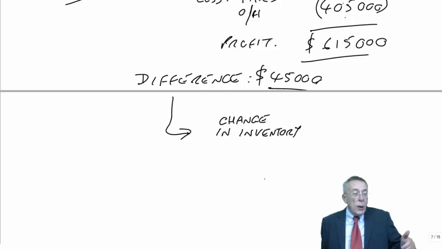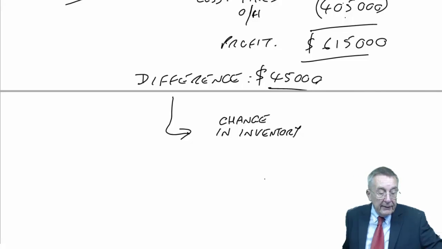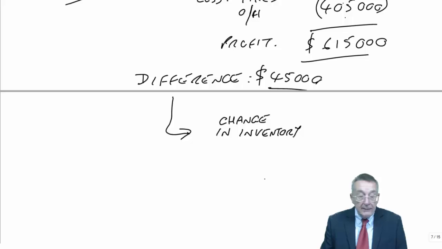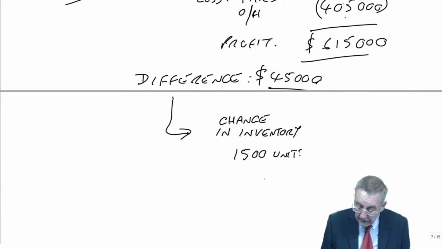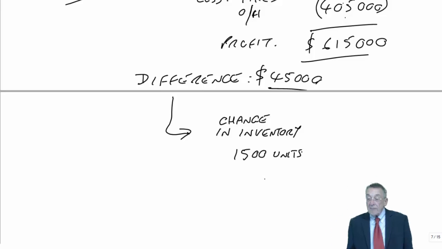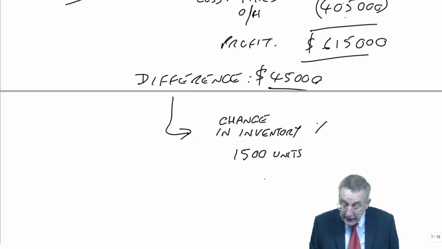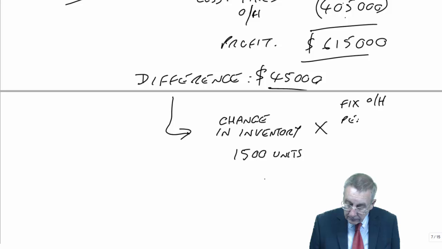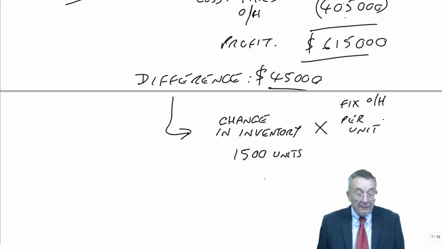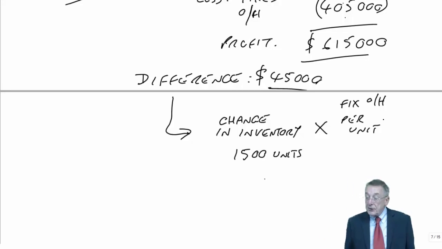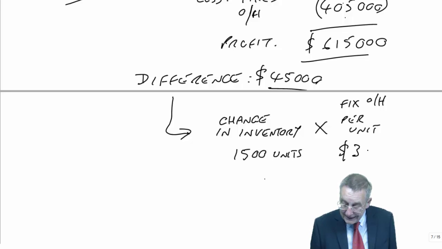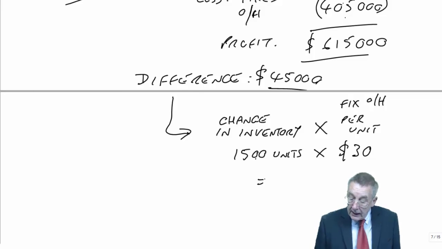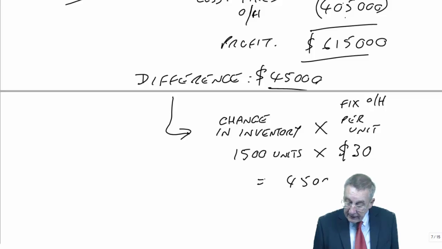What matters is if you produce 13,500 and only sell 12,000, inventory must increase by the difference of 1,500 units. And the fixed overheads per unit here have been absorbed at $30. And of course, that gives 45,000.